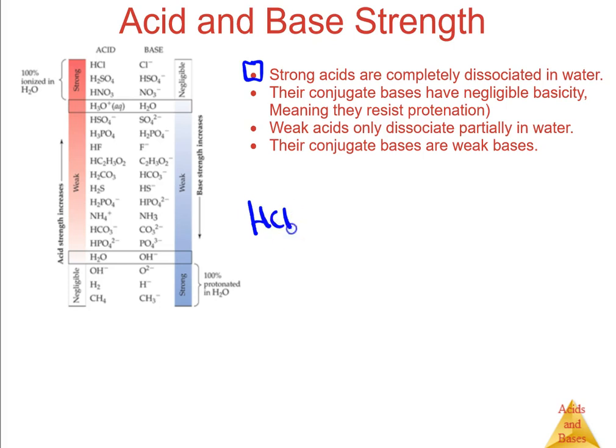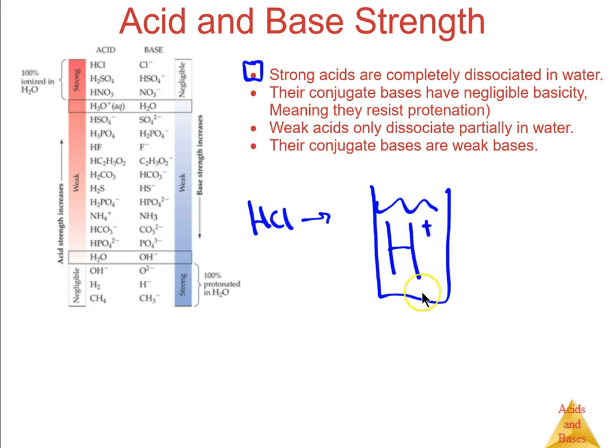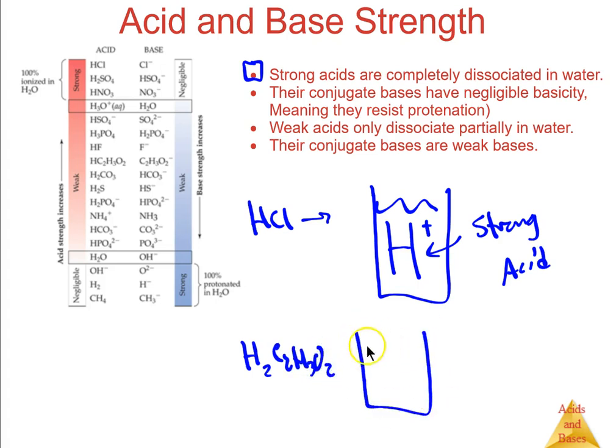Because if we put HCl in water and all of it breaks apart, then we get a really high concentration of H+. Or we get what we call a strong acid. But if I put in a weak one, like acetic acid, it's really weak, which means we just barely mess up the H+ concentration.